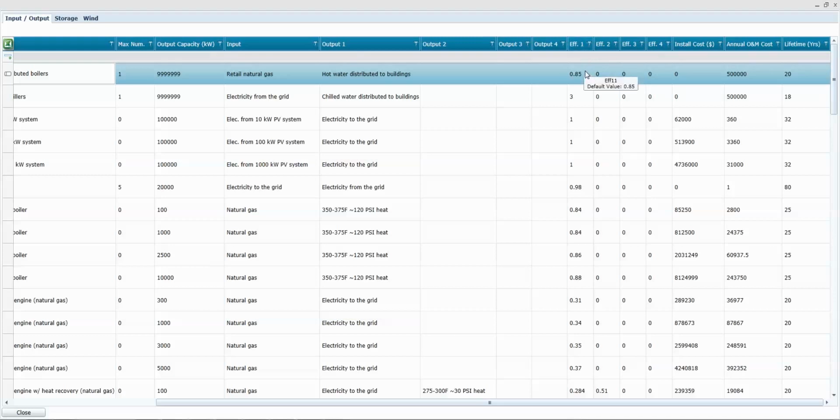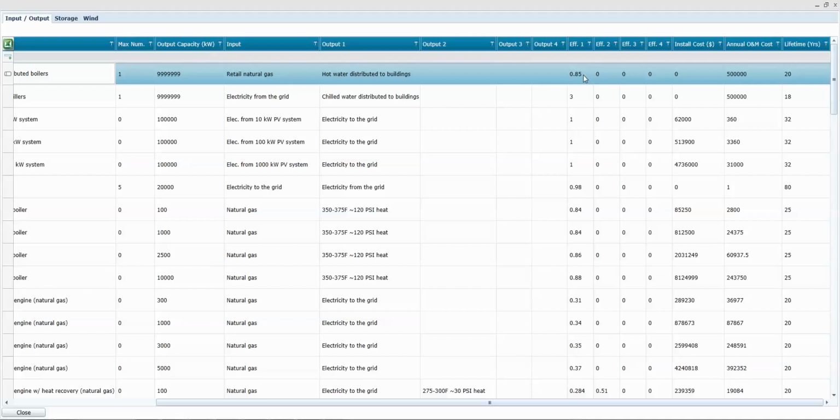So here, to interpret this one, it's 85% efficient to go from the natural gas to the distributed hot water for the buildings. Now, you can change these numbers as well. So if you know that we have condensing boilers, you may be able to increase this number for the distributed boilers up to somewhere around 90 or 91%.